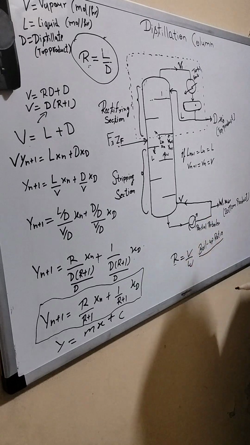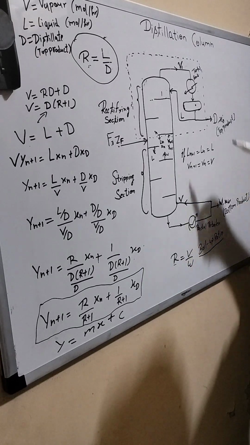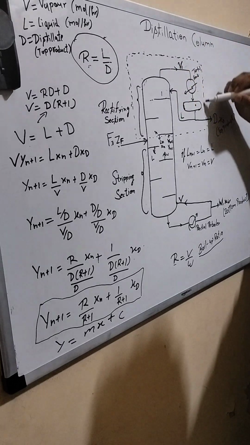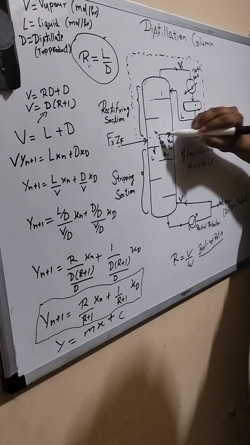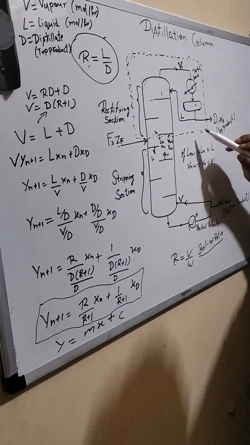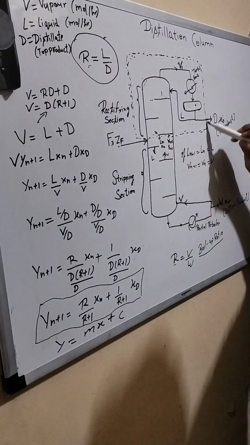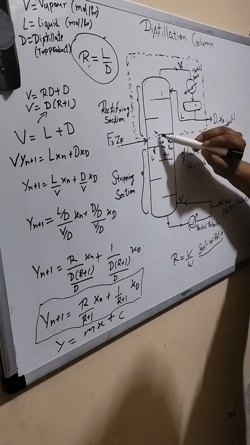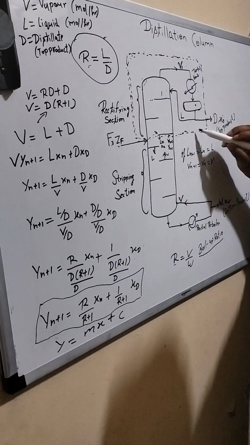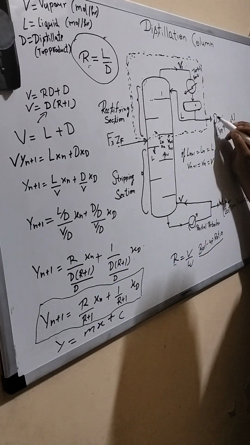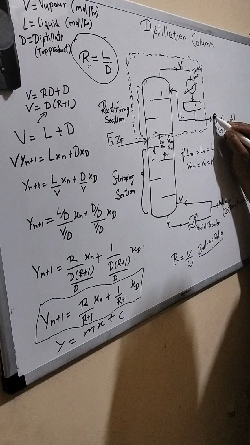Now you can do the material balance. Suppose we draw this envelope, and now we will do the material balance along this envelope. Here the distillate is D mole per hour.